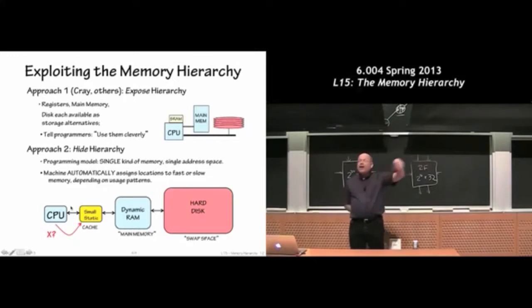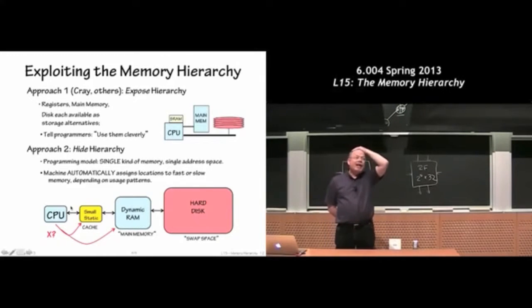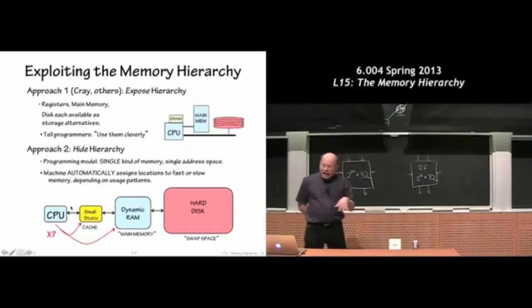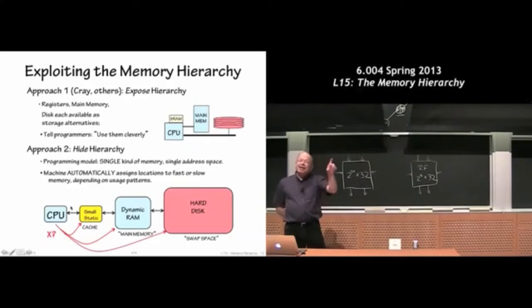You look at this and say, okay, first I look in my cache. If I don't have it there, then I'm going to have to go look in the main memory. In most modern systems, when you start a program, it doesn't bother to read the program off your disk storage and put it into dynamic RAM. It just leaves it on the disk, and only the first time you access it does it get so-called paged into main memory, and then from main memory into the cache.